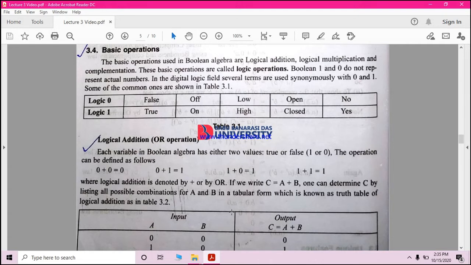Boolean values, that means 1 and 0, do not represent actual numbers. They are just binary numbers. In the digital logic field, several terms are used in place of 0 and 1.